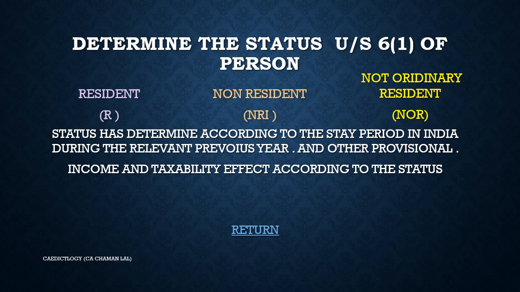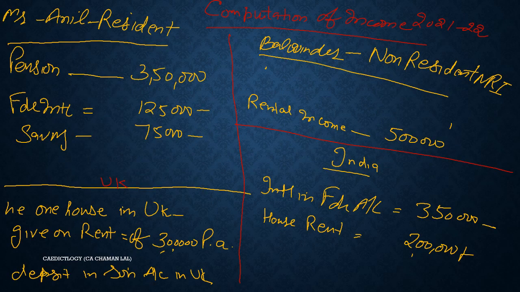Let's see the example. In this example, we have two persons: Anil, a resident of India, and Balvinder, a non-resident of India. Anil, who is a resident of India, has pension income 350,000, interest 125,000, interest 75,000. His son is settled in the UK and he has purchased a house in the UK. He gets rent of 3 lakh per annum from the UK.